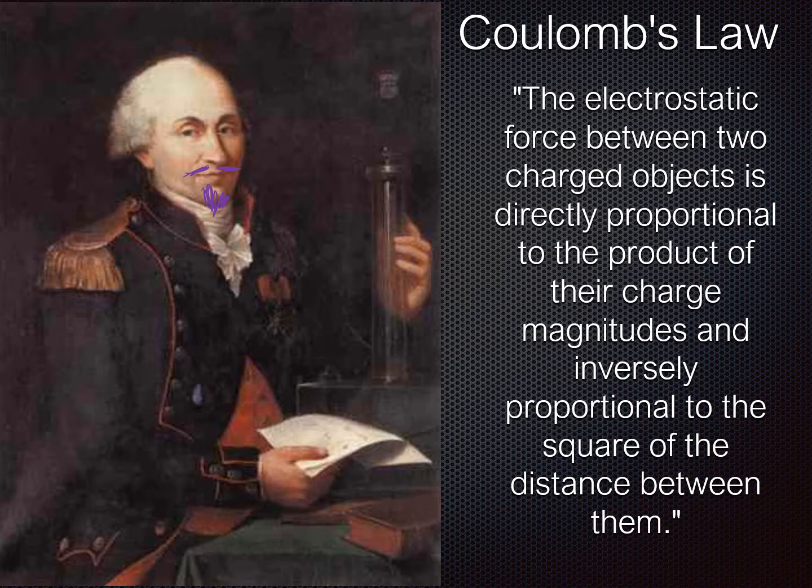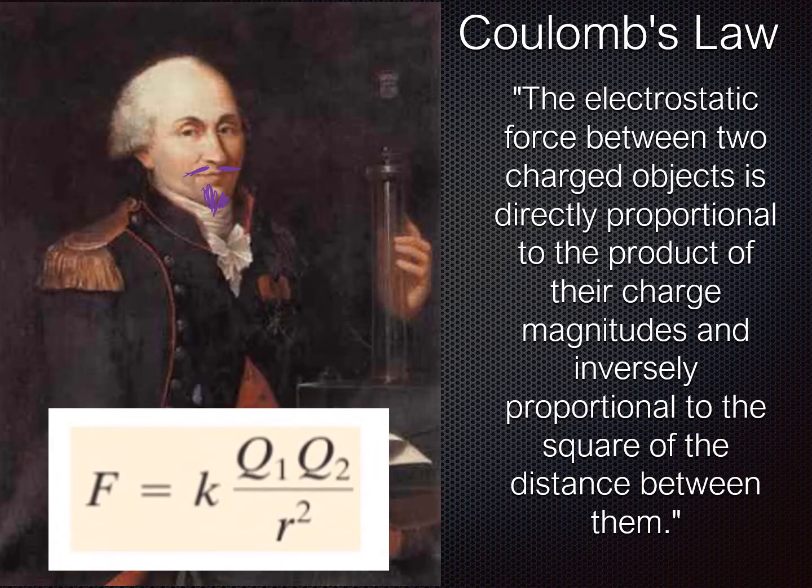In fact, they're very, very analogous, and the mathematics that's used in order to calculate them is basically the same. So if you take a look here, this is Coulomb's law. Here is the electrostatic force right here, and here we have a constant K, which is known as Coulomb's constant, of course.